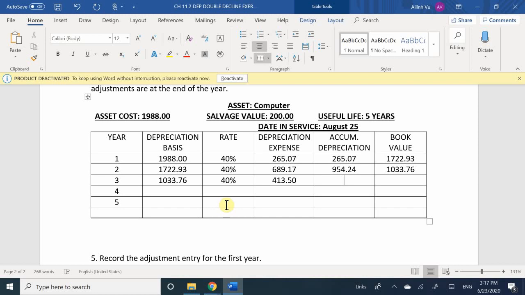Does it make sense? Well, think about it. If you have 1,000, what's 40% of 1,000? 400. Exactly. So this one is only off by 33. So if you roughly do 40% of that, you should get 413.50. Again, it's because in the beginning we calculated only 4 months.